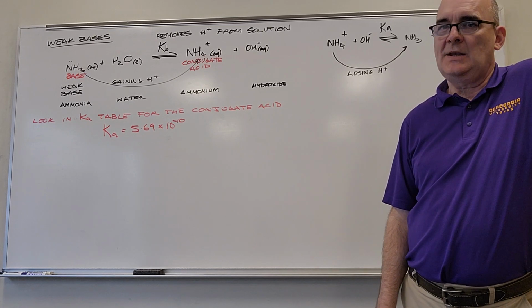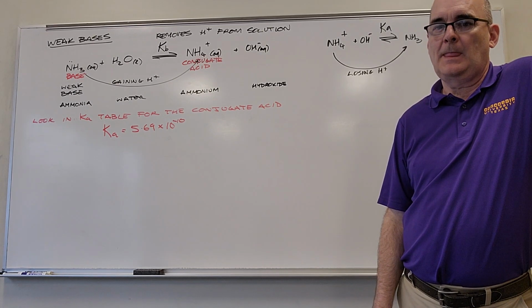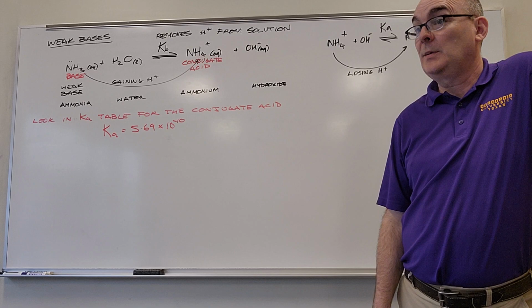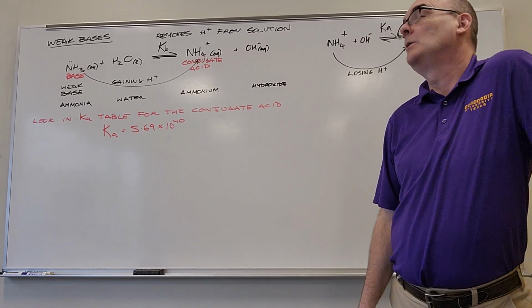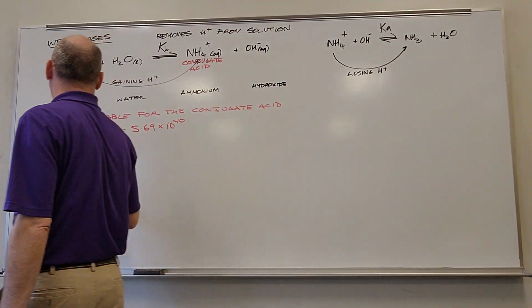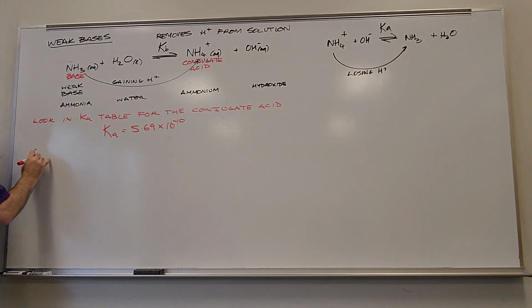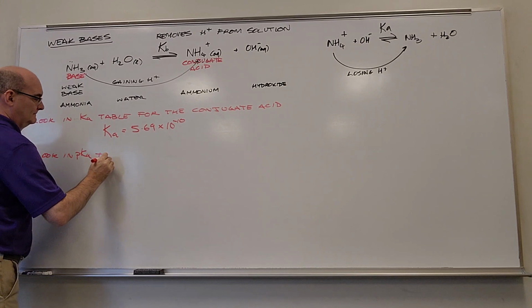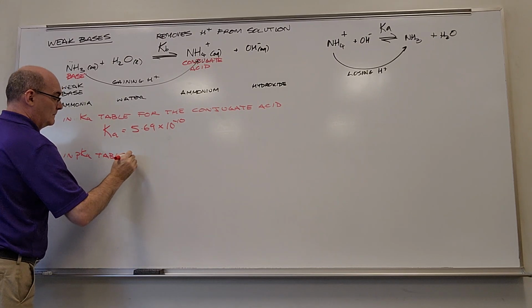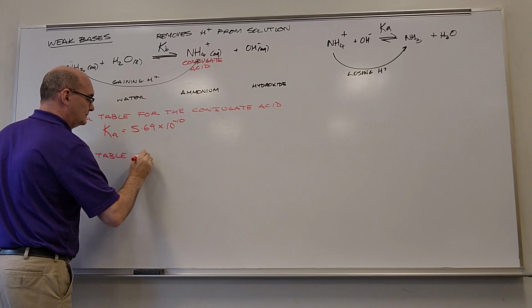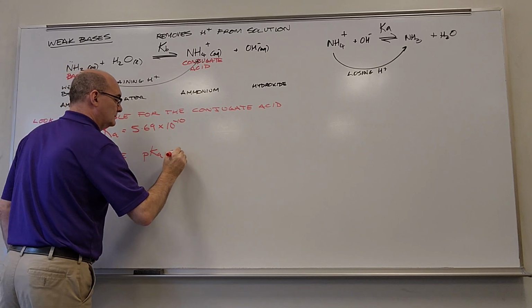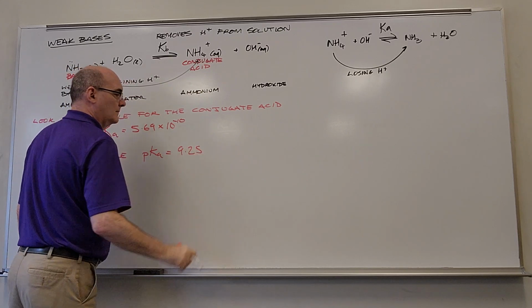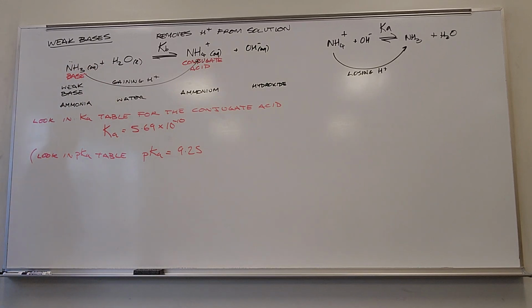Let's pretend for a second that you didn't have a Ka table. What if you only had a pKa table? The pKa is 9.245.